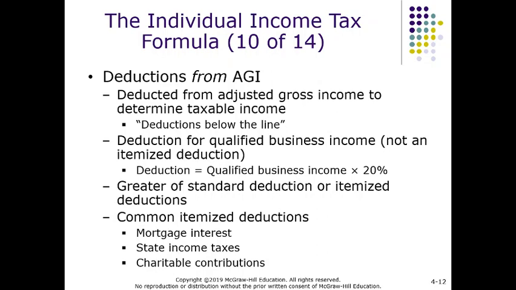So for married filing jointly, last year the standard deduction was $12,700. Well, this year it's $24,000. So most taxpayers are going to claim the standard deduction because they're just not going to have enough itemized deductions to make it greater than the standard deduction. However, they still might, because some of the most common itemized deductions are mortgage interest.